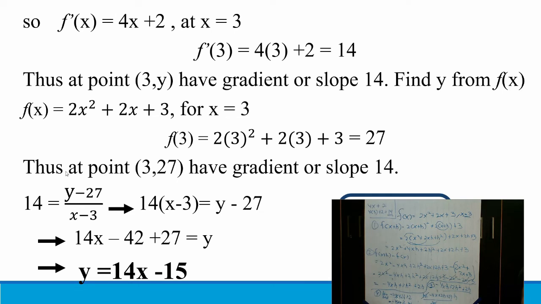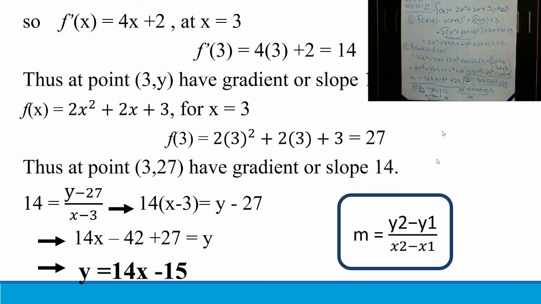Then you get the point (3, 27), and the gradient is 14. So 14 equals y minus 27 divided by x minus 3. It looks like m equal to y2 minus y1 divided by x2 minus x1, where m is the gradient, which is 14.